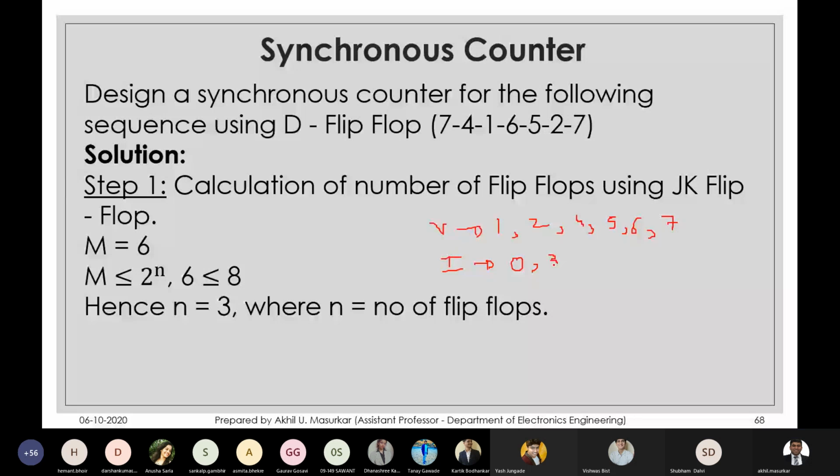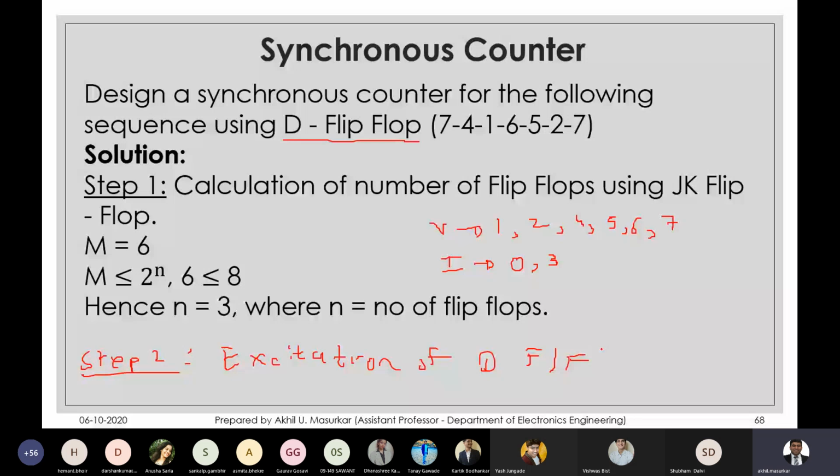Now, this sequence I have to do using what? D flip-flop. So step 2, what you can expect here is the excitation table of D flip-flop. Here I have written m equal to 6. Why m is equal to 6?